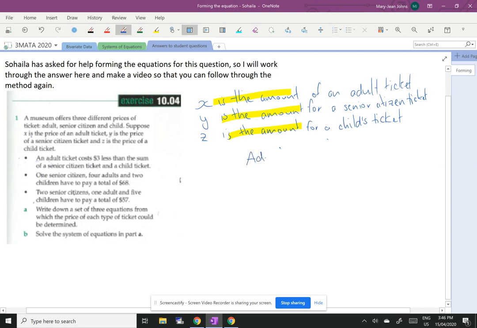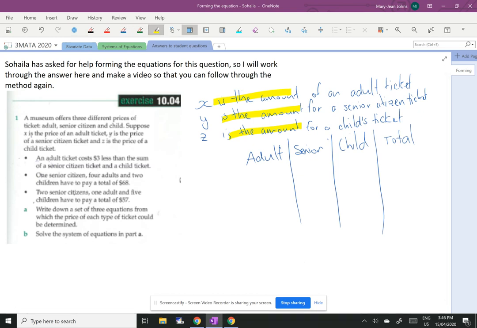So I've got the price of adult tickets, the price of senior citizen tickets, the price of children's tickets, and they are going to give me a total. Then I look to see what other group I have. Well, I have one, two, three combinations that give me different prices. So that's going to be my other grouping.